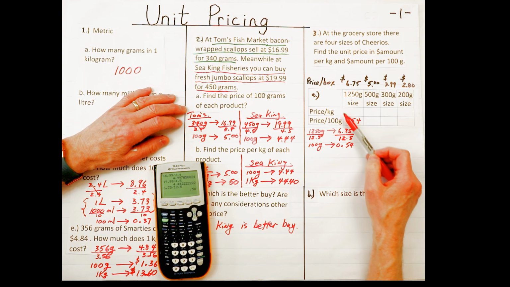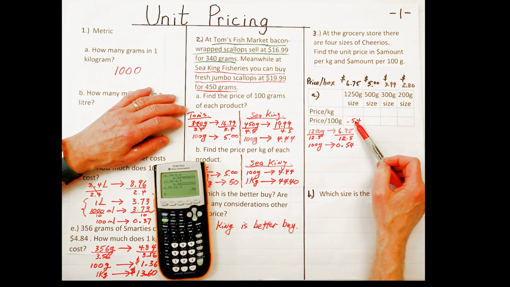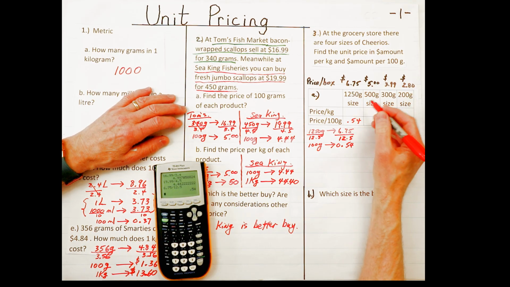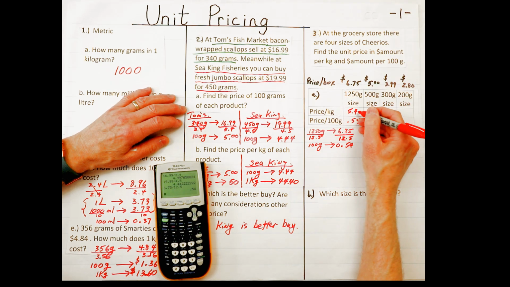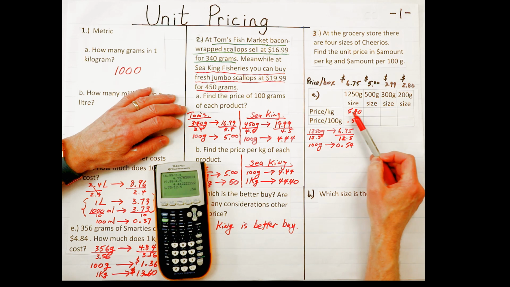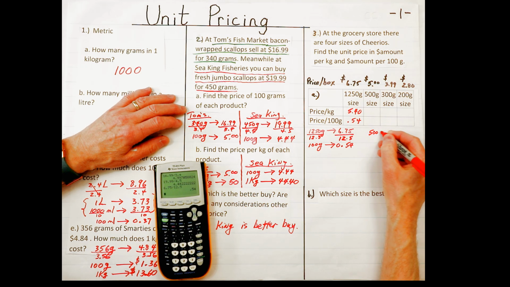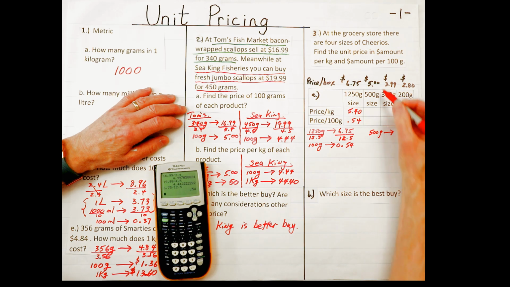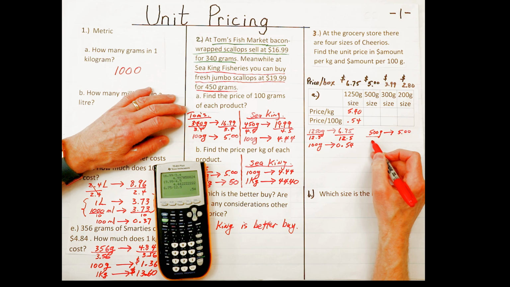Now, let's right away do the kilogram conversion. So we're going from 100 grams to 1 kilogram, which is 1,000 grams. So what do we multiply by? 10. So 1 kilogram would be $5.40 for 1 kilogram. So for the next one, we have 500 grams, and the price is $5. What do we have to divide 500 by to get 100?